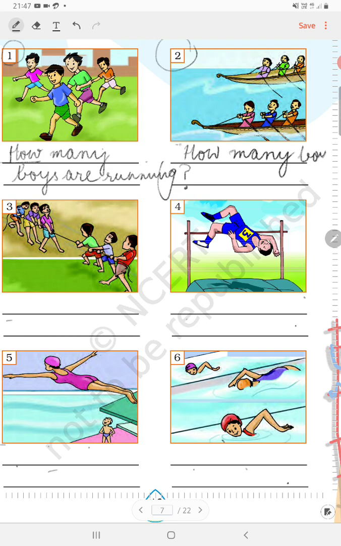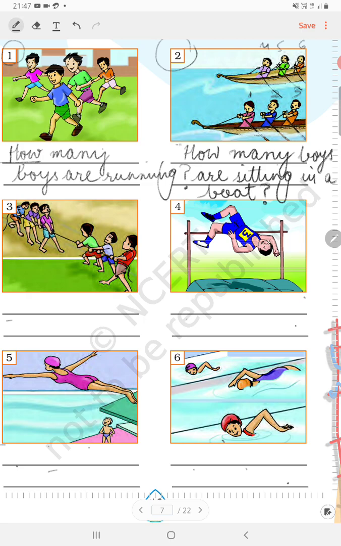How many boys are sitting in a boat? Sitting in a boat means in one boat. So the answer would be 1, 2, 3 in one boat, and 4, 5, 6 in two boats. But we have asked how many boys are sitting in a boat, in one boat.